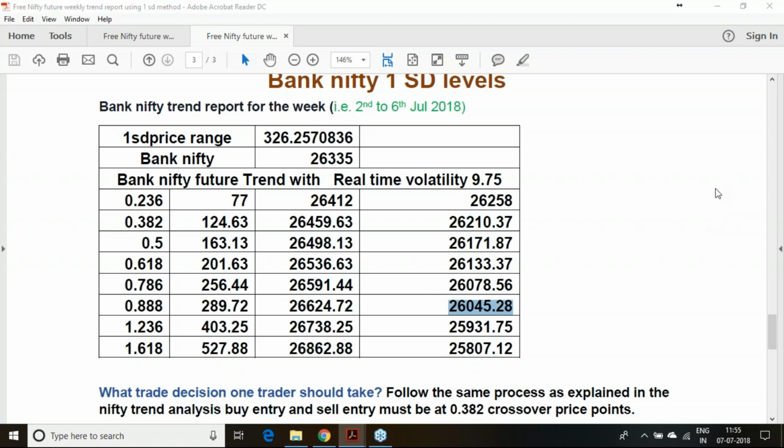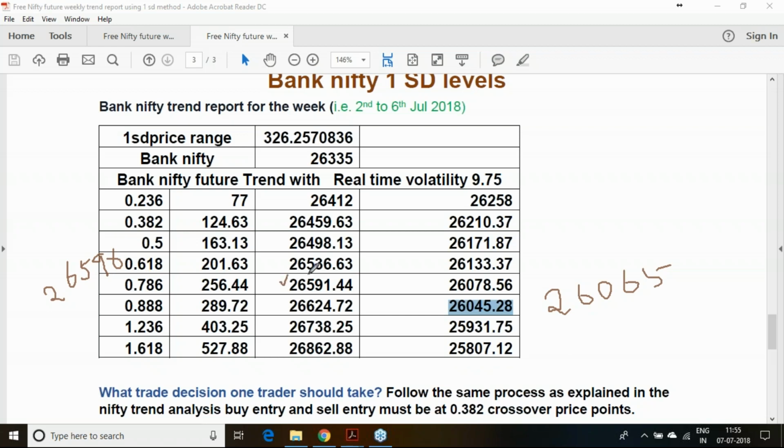Here you should understand 2-3 things very carefully. 26,065 you achieved on Monday, and 26,596 you achieved here. Note the close proximity of our calculated targets to whatever is happening.